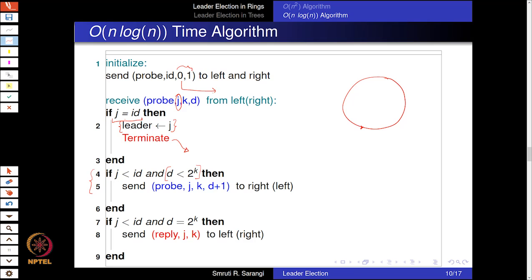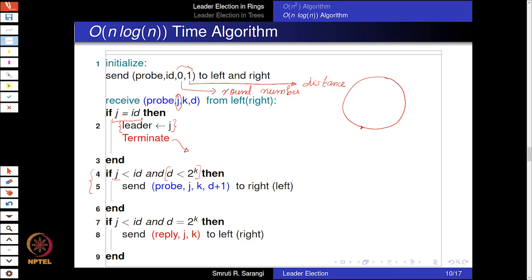The field k is the round number, and the field d is the distance from the originator. So if d is less than 2 raised to power k, and j is less than id, then this case applies.